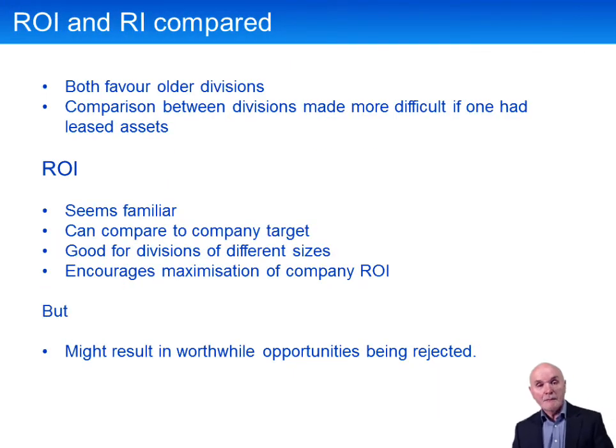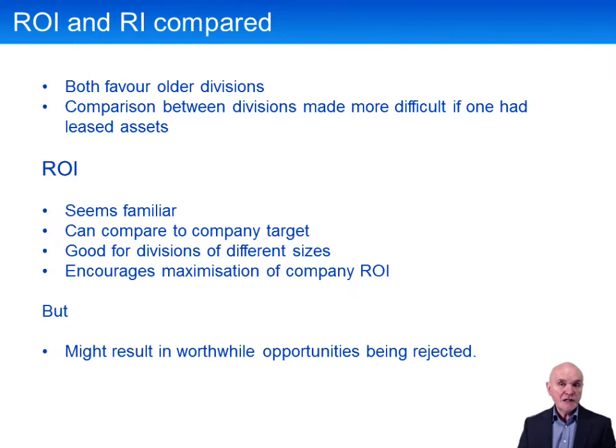What are the pros and cons of return on investment and residual income? First of all, a difficulty, if you like, which applies to both of them. In both cases, as a division gets older, its capital base tends to reduce. The machinery depreciates.